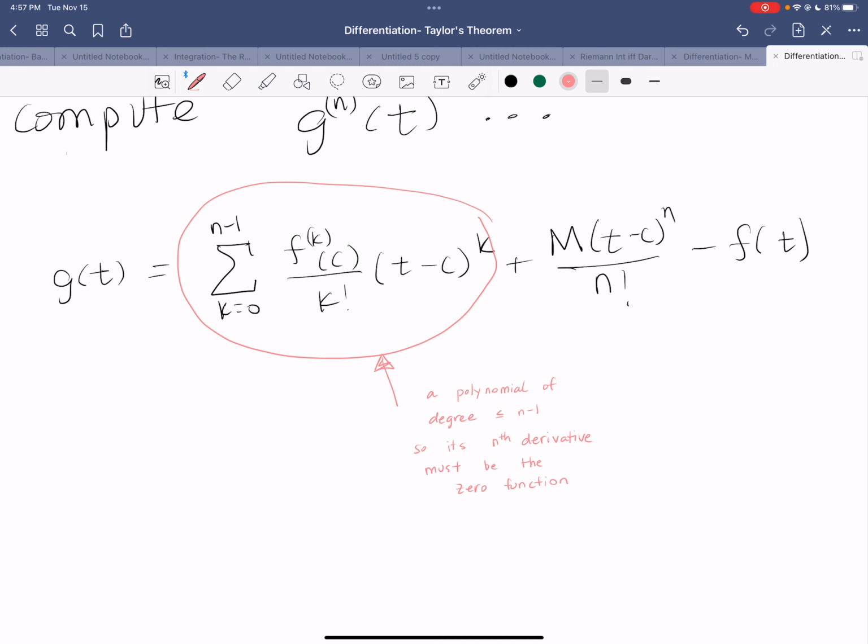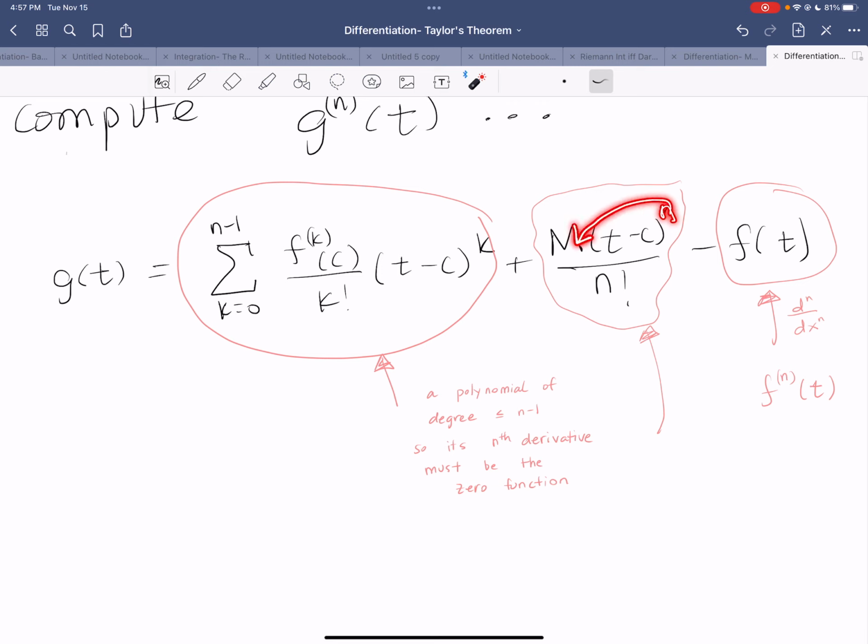Okay. The nth derivative of this is just going to be the nth derivative of f at t. Okay. That's if I'm taking the nth derivative. And then what about the nth derivative of this polynomial? Well, when I take one derivative, the n will come down to the front, and it'll cancel out that. So I have (t minus c) to the n minus 1 over n minus 1 factorial. If I do it again, I'll get n minus 1 canceling out, and I'll have over n minus 2. So when I do that n times, I'm going to end up just getting m.